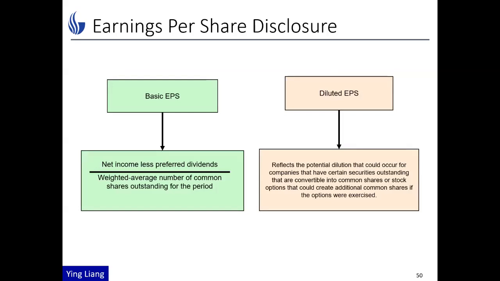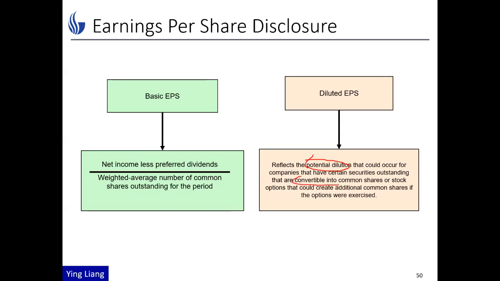It reflects the potential, not the actual, dilution that could occur for companies that have certain securities outstanding that are convertible into common shares, or stock options that could create additional common shares if options were exercised.